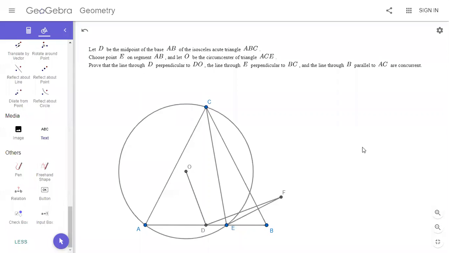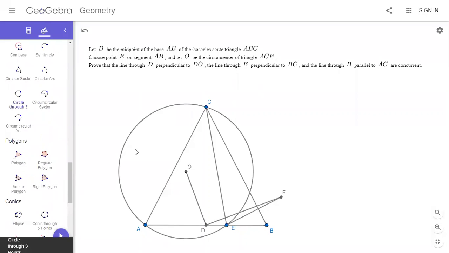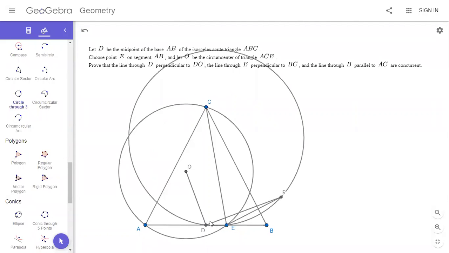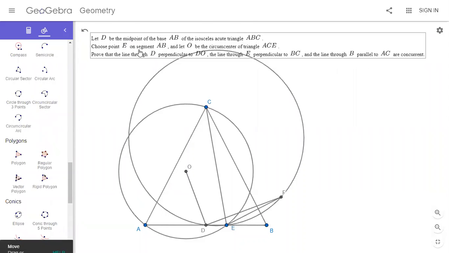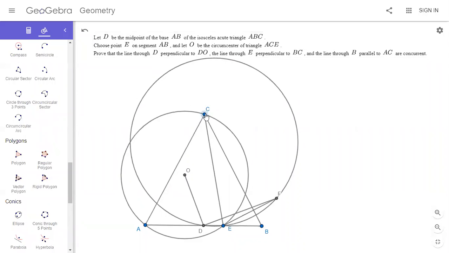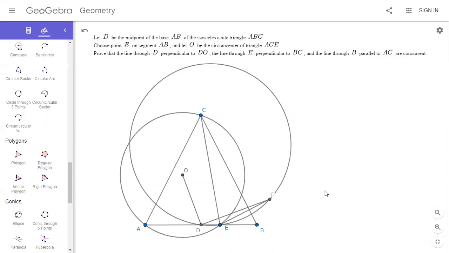Can you draw the circumcircle of DEF? Sure. All right.